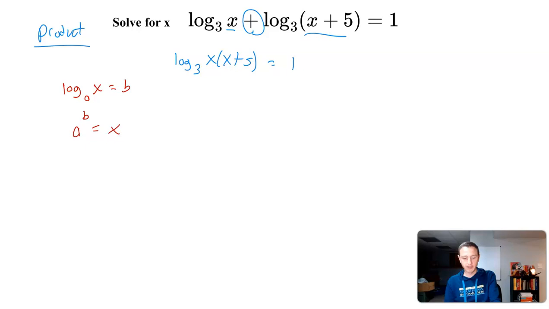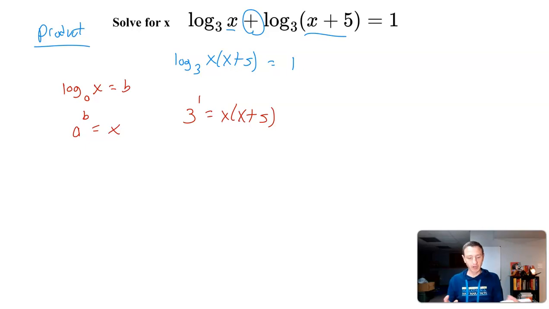So the base to the number that it's equal to, a to the b, is equal to what's on the inside of the log. In our example then, that's going to be 3 to the first is equal to x times x plus 5.